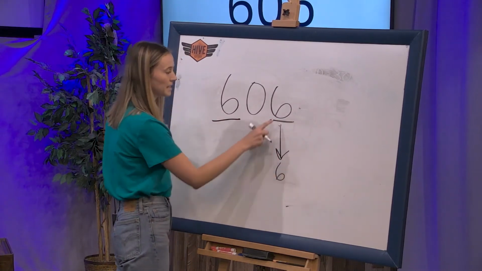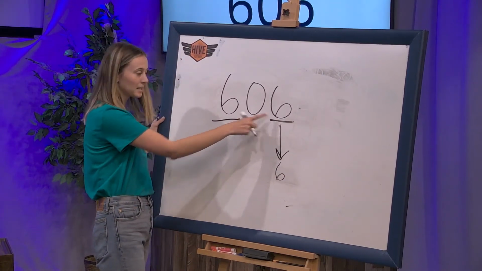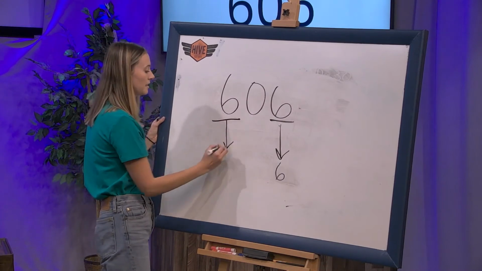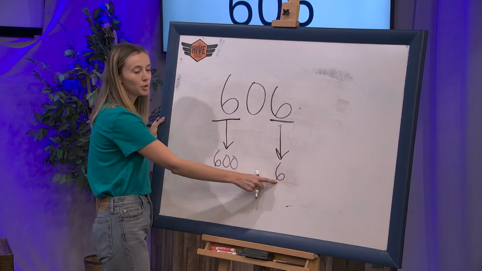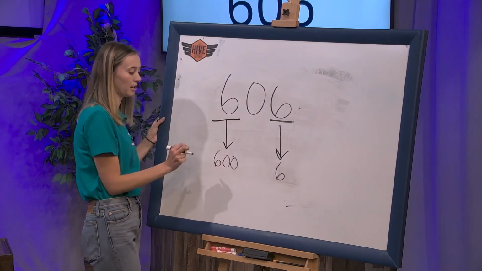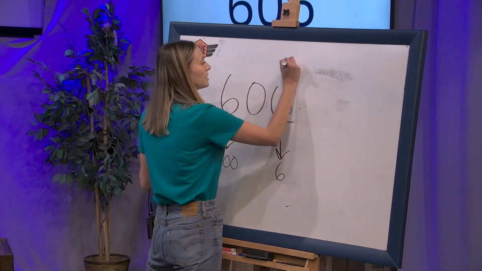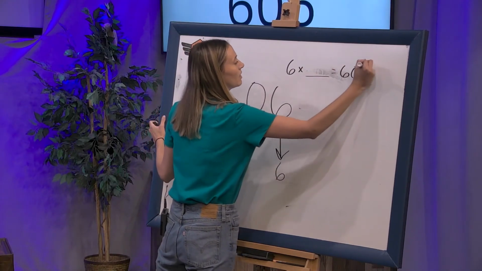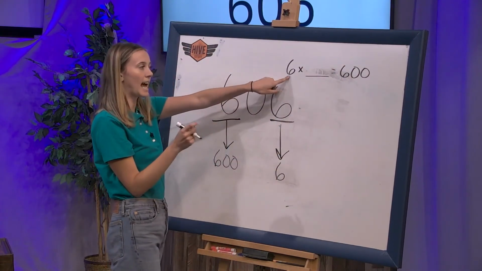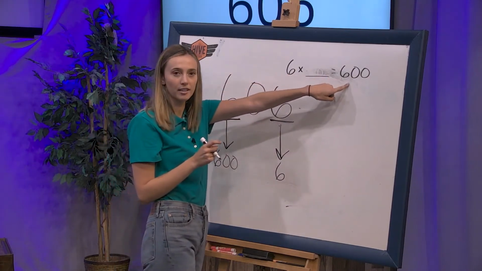This represents 6. The value of this 6 is 6. The value of this 6 is 600, right? Okay, so what do you need to multiply this 6 by to get to 600? I'm going to go 6 times what equals 600? How many zeros do you need to add to this 6 to make it 600?